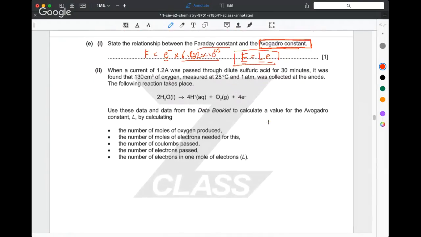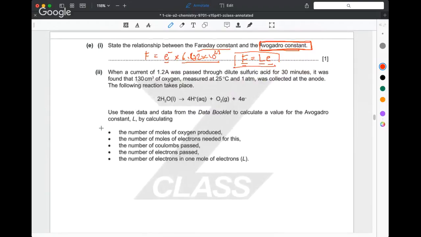And then this calculation here, they very kindly talk you through it as well. So you've got to do how many? You've got to do 5 steps there. 1, 2, 3, 4, 5. Okay, so first of all, you've got to calculate the amount of oxygen produced. Well, it says that there was 130 centimeters cubed of oxygen. So you know that the amount of moles is equal to the volume divided by the molar volume.